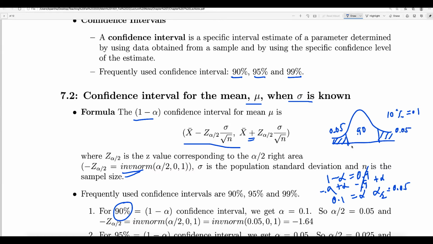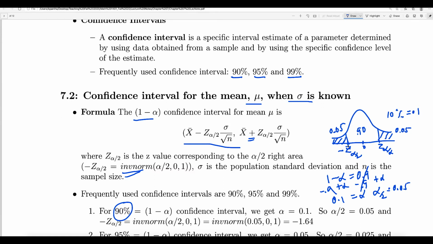Now, this value, g alpha half, is on the negative side, since 0 is in the middle. That's why we write negative g alpha half. This is the positive side, so positive g alpha half. We need to find the g value for the left area 0.05 and the g value for the right area 0.05 as well. We use a calculator for that.